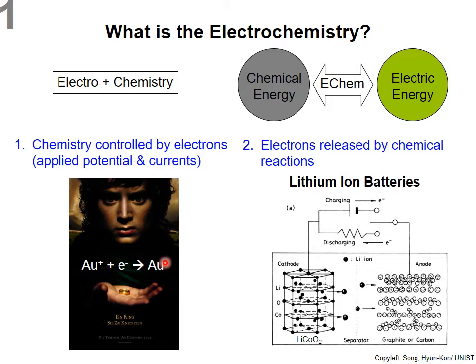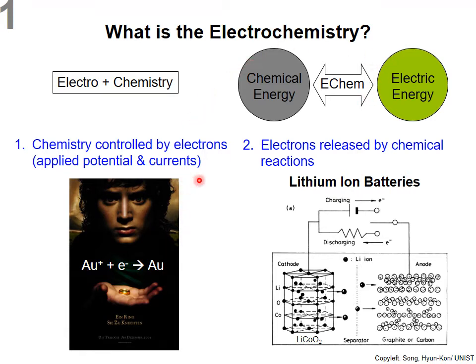This is the case based on the first concept or definition of electrochemistry. In this case, we have used the electrons like a driver, and the resultant process is the chemical change from gold ion into gold metal. So this is the first definition of electrochemistry. In this process, you have changed the electric energy into chemical energy.